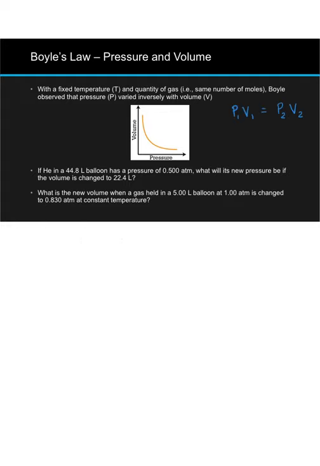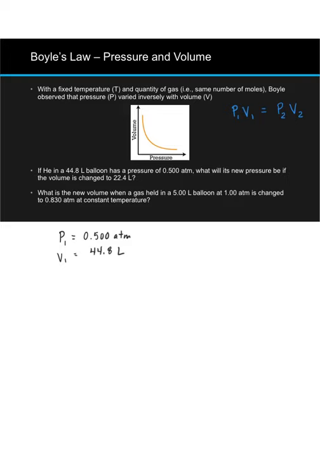So let's apply our new equation that I've moved up here. We know that under an original set of conditions, the original pressure of the helium, P1, in this balloon was 0.5 atmospheres. And the original volume, V1, was 44.8 liters.